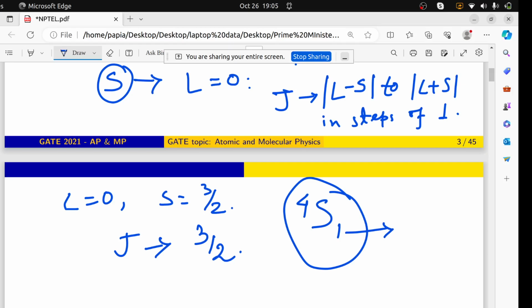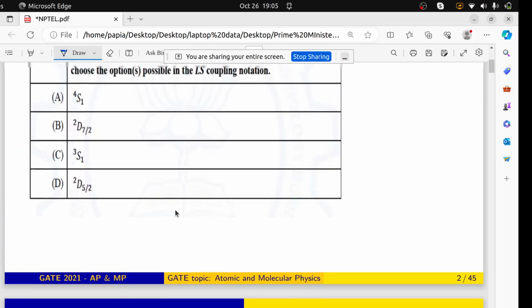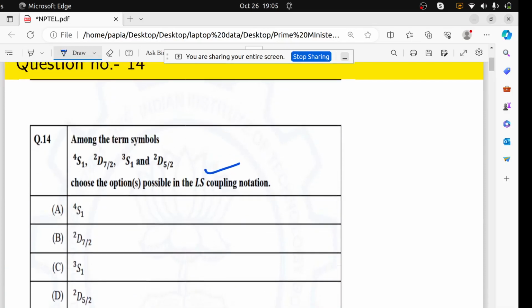So it is not giving the LS coupling configuration. To know which one gives the LS coupling configuration, we have to calculate the L value and S value from these notations, and then calculate the J value. If this J value matches the J given in the notation, then we can say it is a correct, possible LS coupling notation.